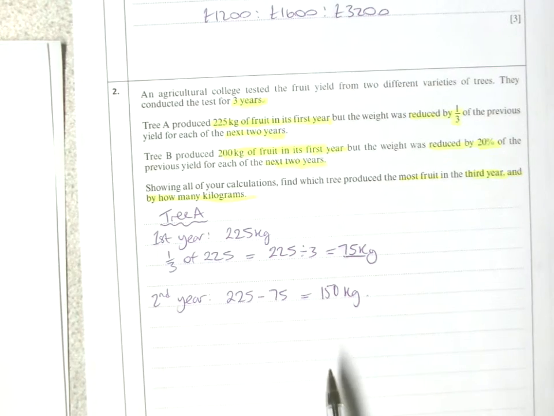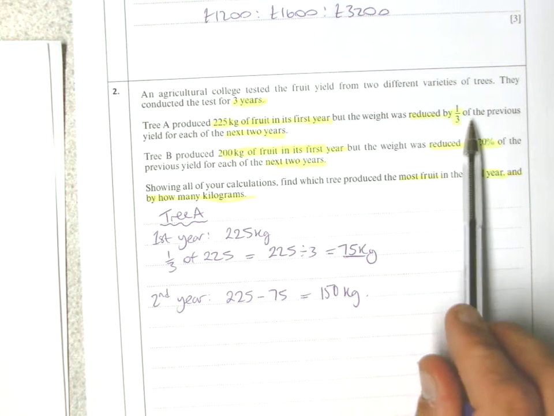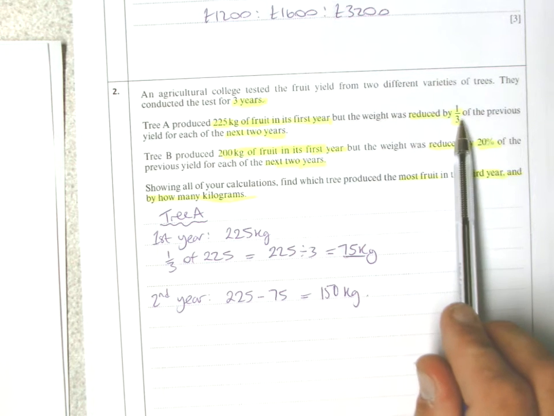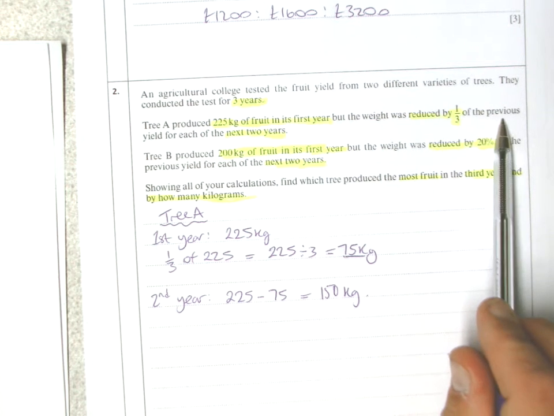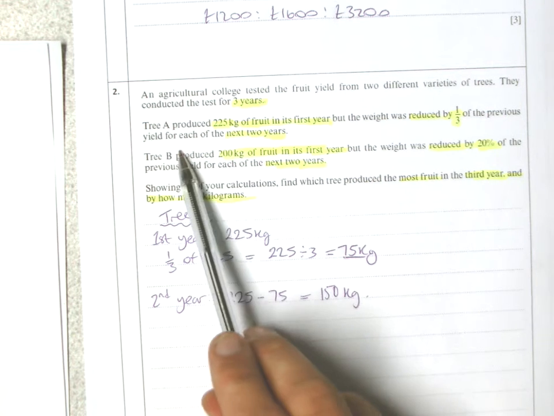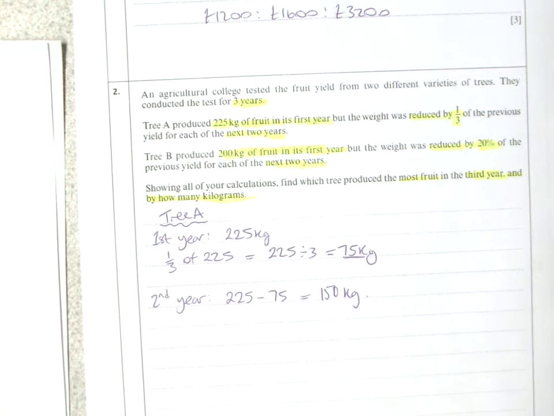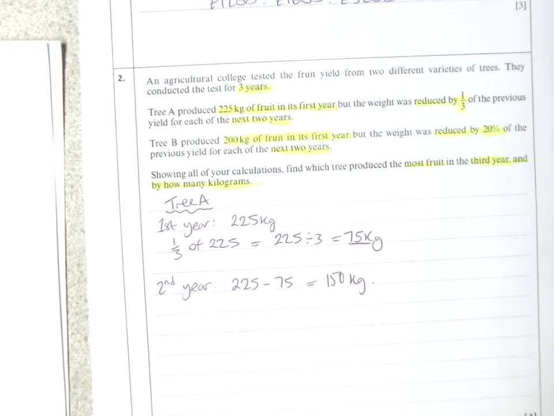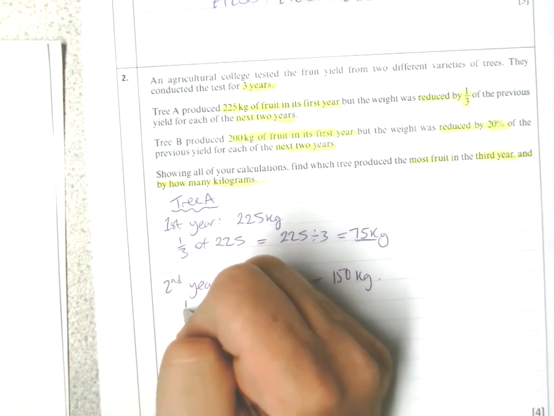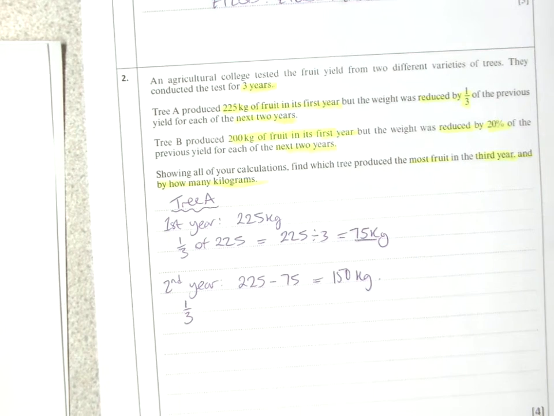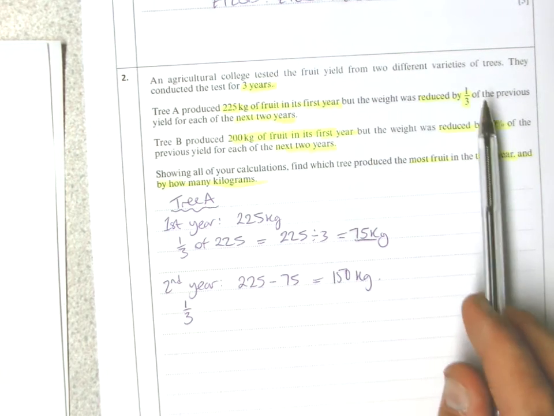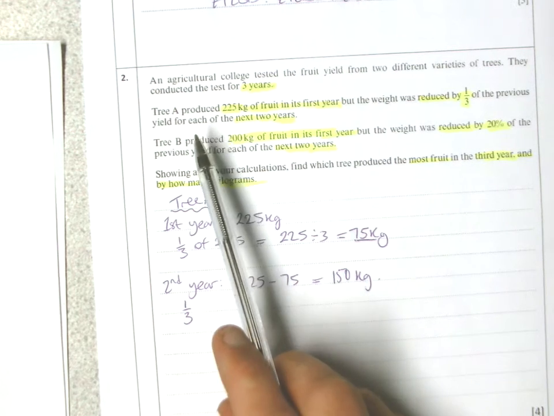So that's the second year. Go back to this statement: the weight is reduced by 1/3 of the previous yield for each of the next 2 years. When it comes to calculating the reduction for the third year, we need to bear in mind that we're working out 1/3 of the previous yield.